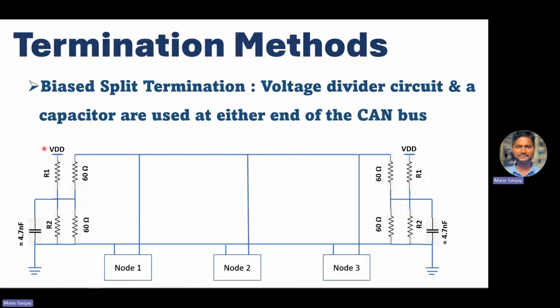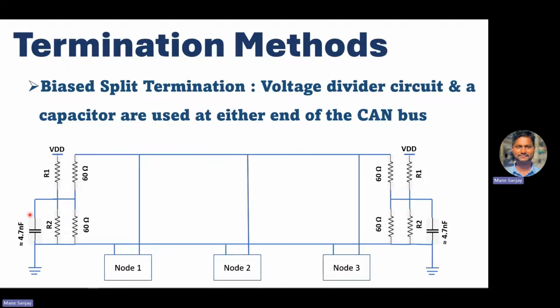Additional circuits are added here. It is pulled to the voltage source, and this R1 and R2 are split here. This is how it is taken from the split termination method, but these two resistors are added, and the capacitor was already taken from the previous method, the split termination.